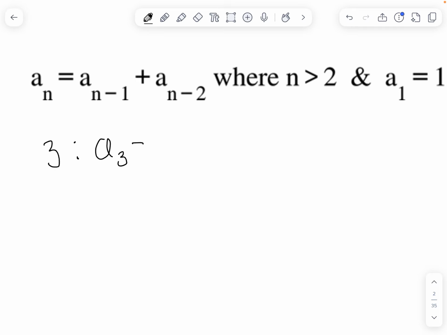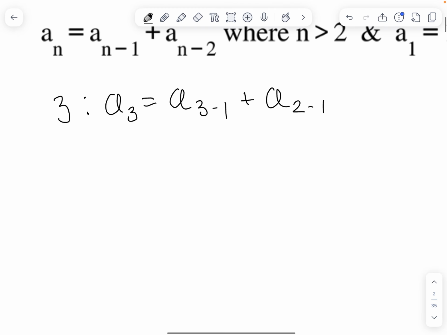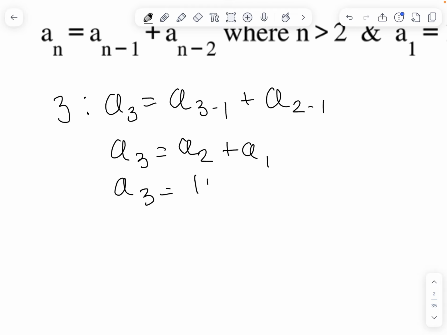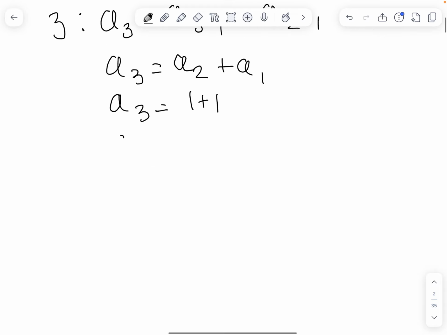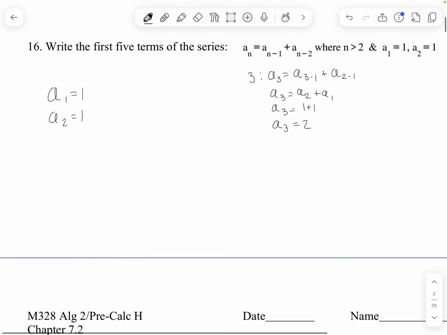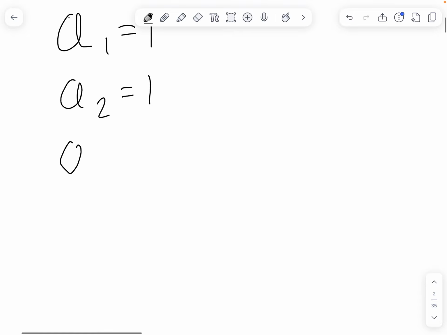A of 3 equals A of 3 minus 1 plus A of 3 minus 2. A of 3 equals A of 2 plus A of 1. A of 3 equals 1 plus 1. A of 3 equals 2.